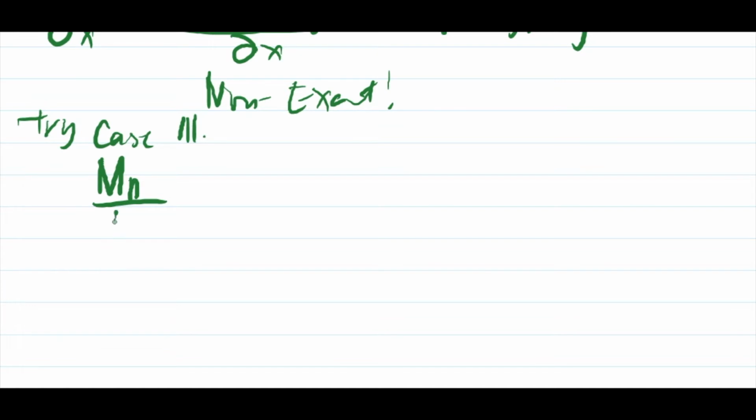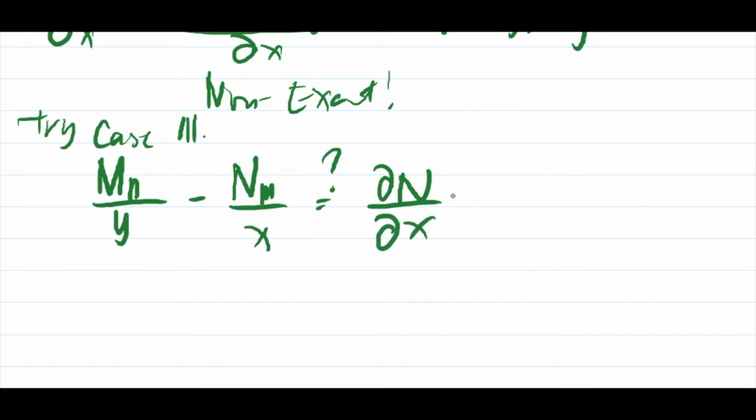Case number 3 is M over y minus N over x, equal to partial of N with respect to x minus partial of M with respect to y. If the terms at the left side of the equation are similar to the right side, then case 3 is possible.